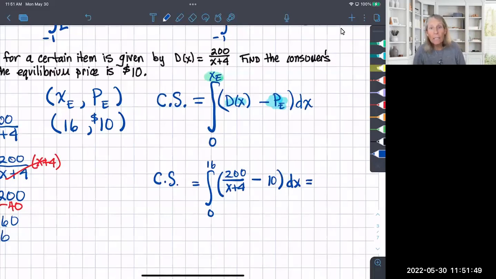Type it in your calculator and you'll get your consumer surplus. Now remember, consumer surplus will be a dollar amount. So when you get that answer, you're going to label it as money. So that's your dollar amount. Let me see if I have an answer for you, because my calculator, like I said, is kind of on the fritz. Okay, here we go.